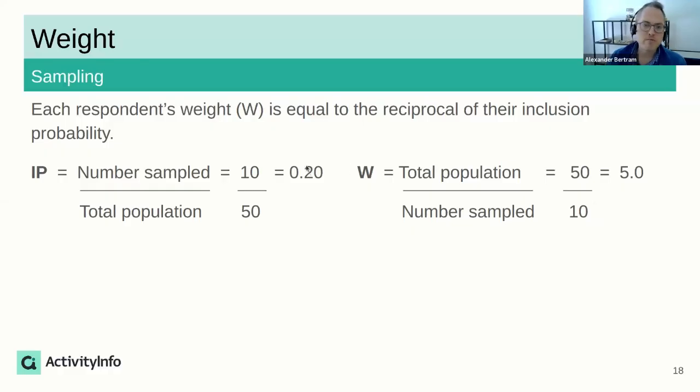That means that if everybody has a 20% chance of being selected, then everybody has a weight of 5. Another way of thinking about that is every respondent is representing 5 people in your population. That's an intuitive way to think about it.